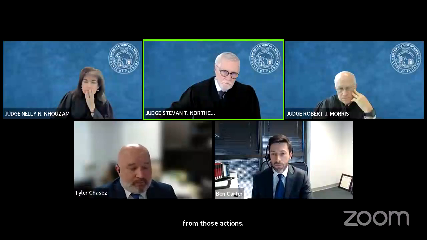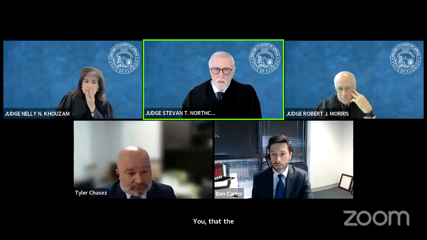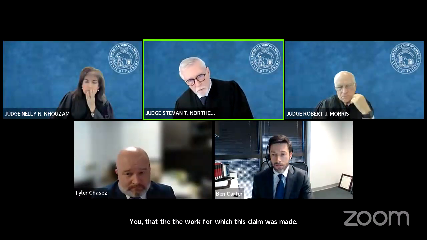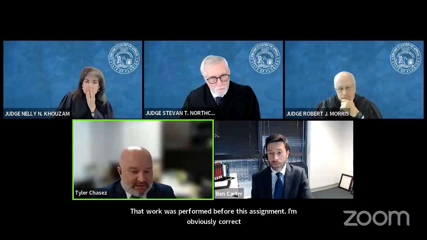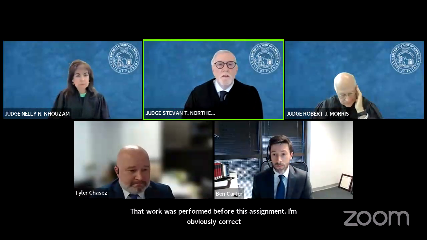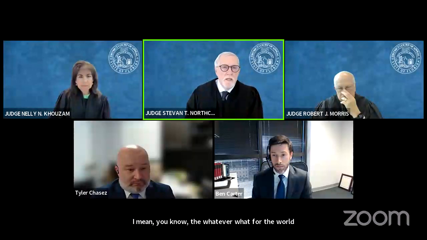Did the work for which this claim was made, that work was performed before this assignment, am I correct? In this circumstance, I guess the definition is what is work. The work for which the claim for benefits is made, the repair.